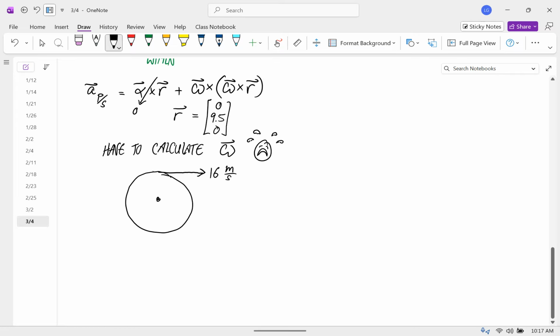This is in the positive x direction, so 16, 0, 0 is equal to 0, 0, omega, the omega we're trying to find, crossed with 0, 9.5, 0.